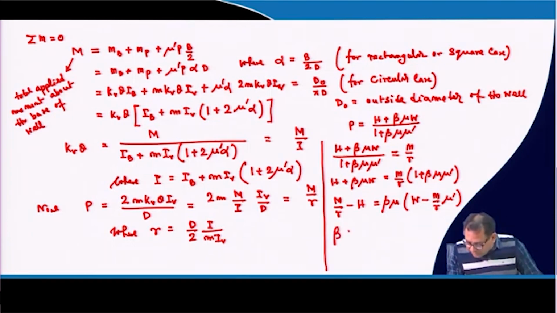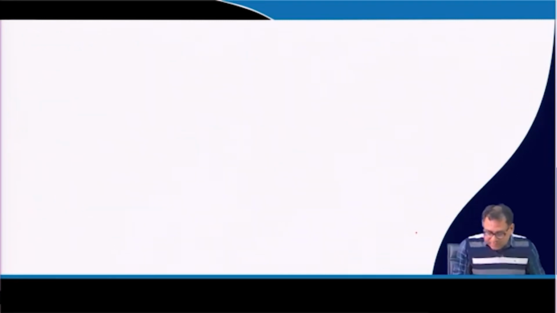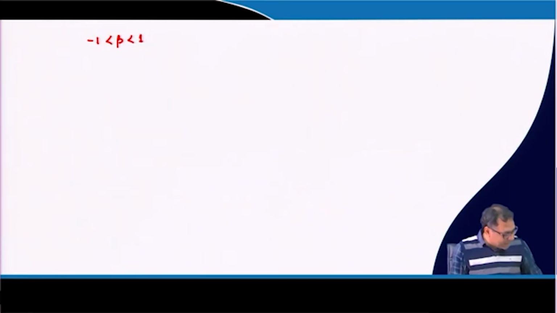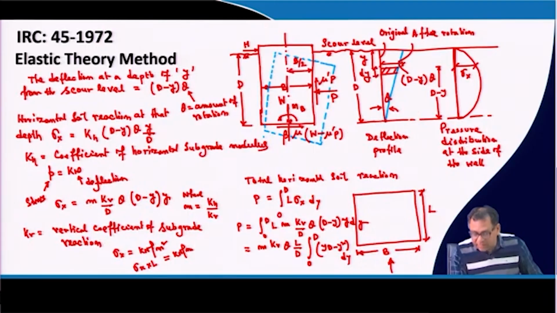So, finally, the beta expression will be (M by r minus H) divided by, if I take mu common, (W minus M by r into mu dash). This is the expression of beta. But this expression is valid only if the beta value is in between certain limits.